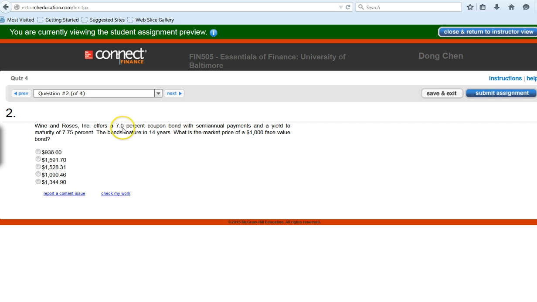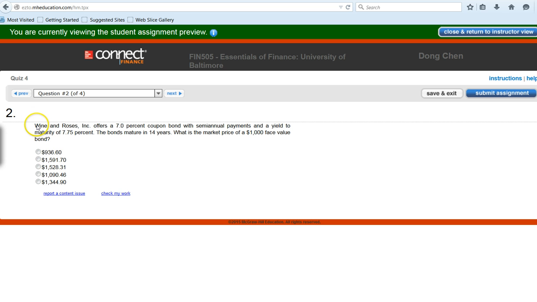So that includes semi-annual coupon payment, semi-annual yield to maturity, and the number of semi-annuals in terms of the maturity. And here we don't have to worry about the face value because that's one single payment on the final date. So we just keep the $1,000 as the same.